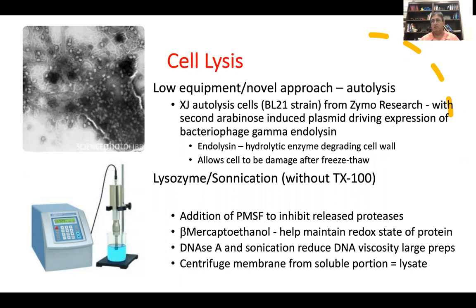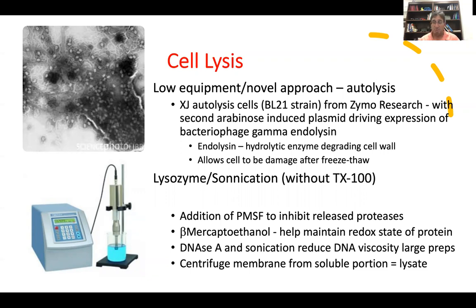And for MDH, it's pretty stable. And so while using a cocktail, a much more expensive mixture of protease inhibitors helps, PMSF alone in that first lysis step is good enough. Often we use a little bit of beta-mercaptoethanol to keep the redox state so the proteins stay folded and native more as the cells are being broken.